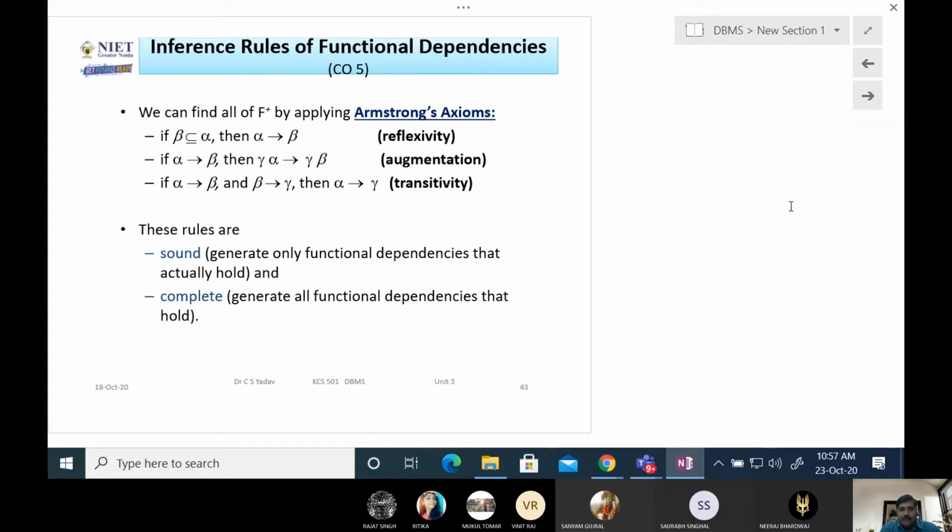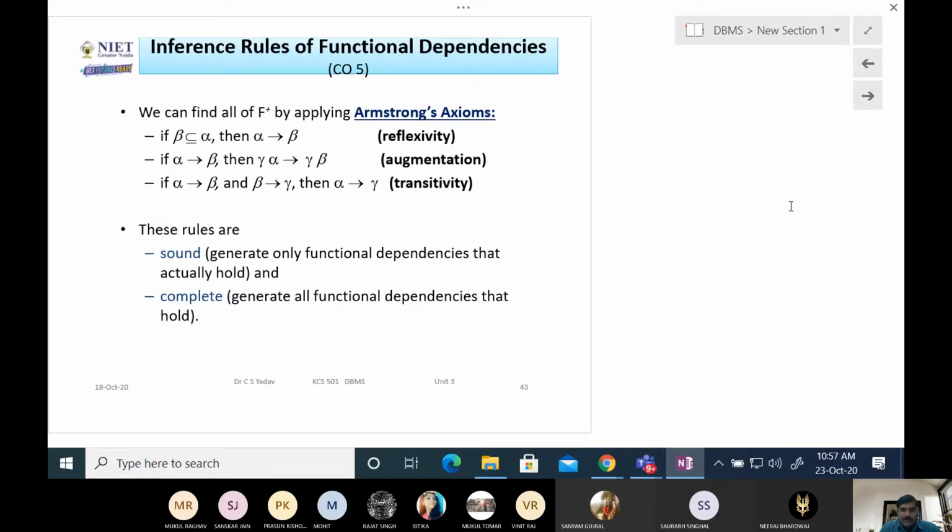Today, you all are going to learn about inference rule of functional dependencies or Armstrong's axiom. Okay, so there are 6 rules in Armstrong's axiom, and these rules are very helpful in taking decision whether it is candidate key or not, whether this FD holds on a given relation or not.